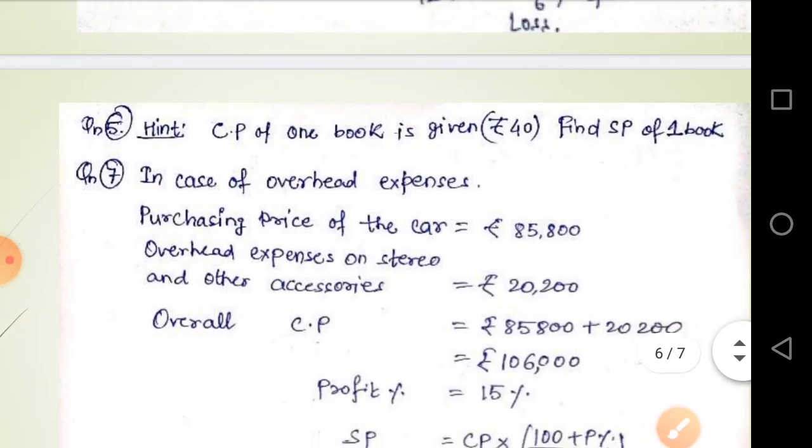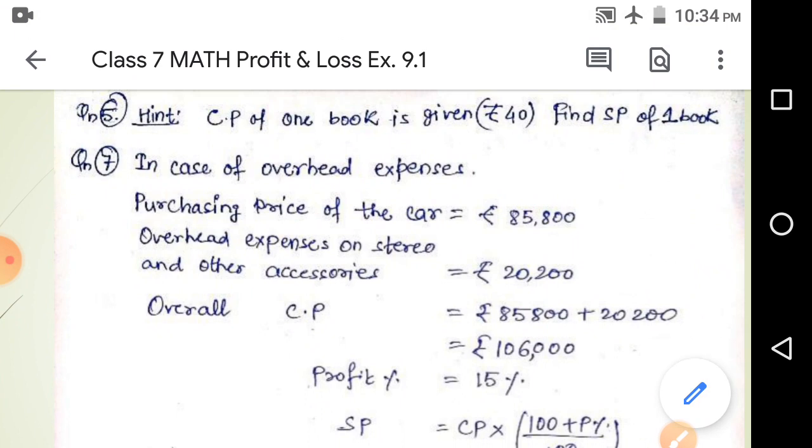For question number 5 only a hint is given. So what hint is given? In question number 5 we have 200 copies of a book, and we have to deal with each copy.